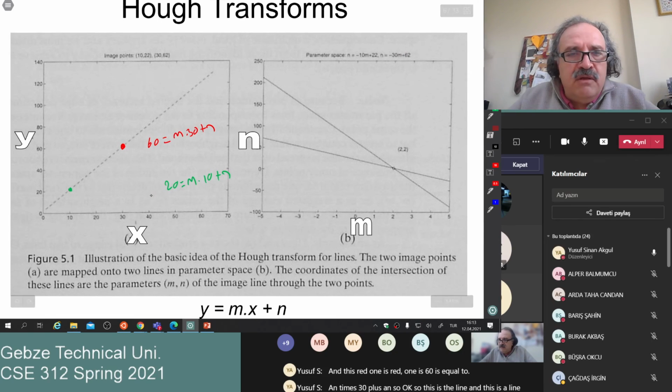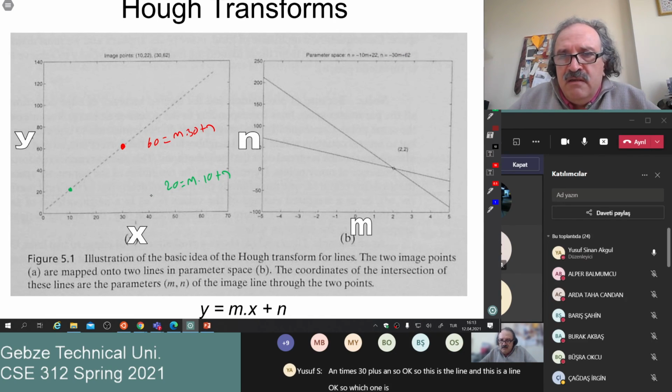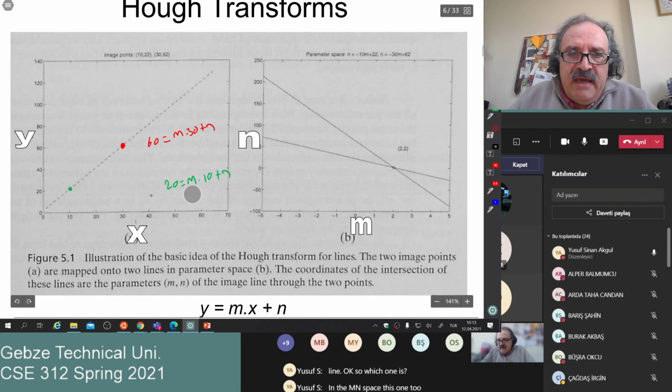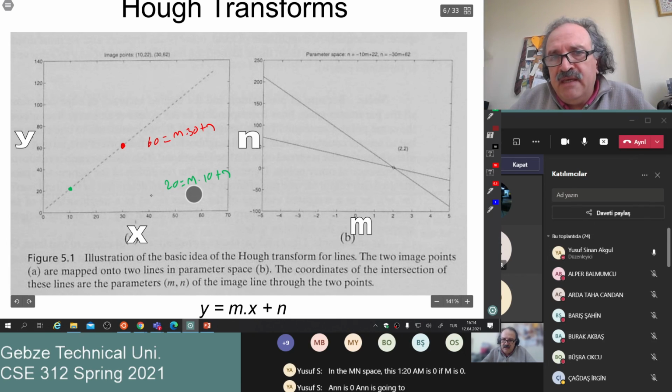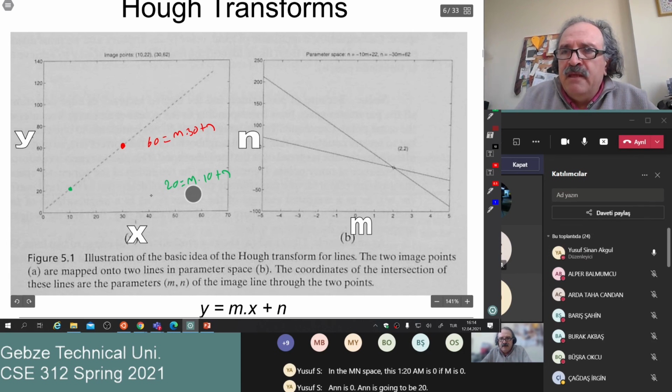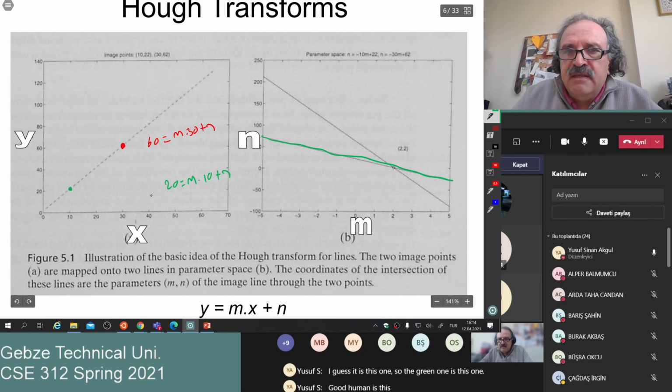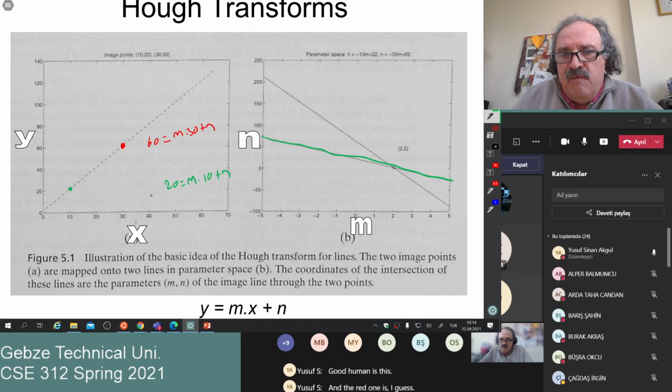Okay, so which one is in the mn space? This one, 20: if m is 0, n is going to be 20. I guess it is this one. So the green one is this one. And the red one is, I guess, oh, I am making a mistake here, right?